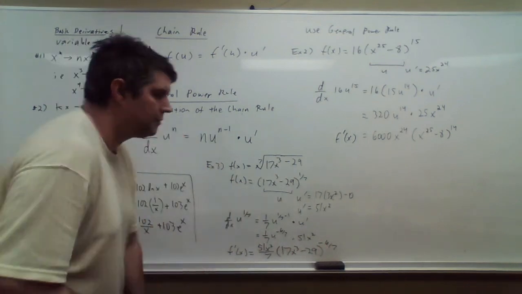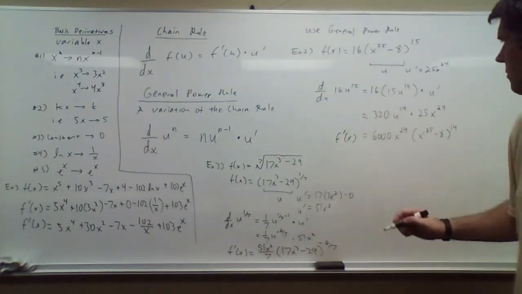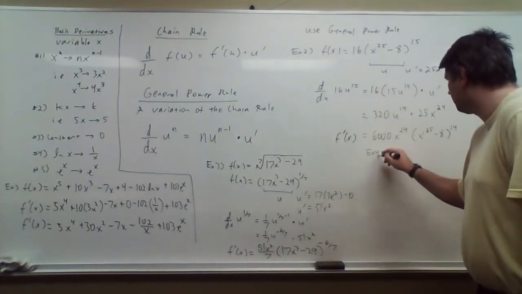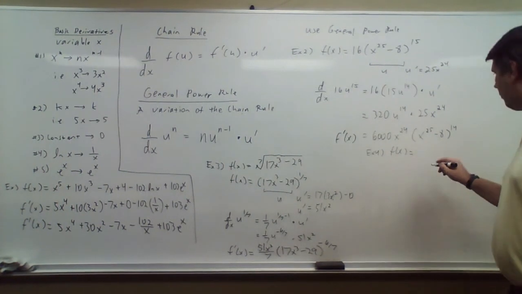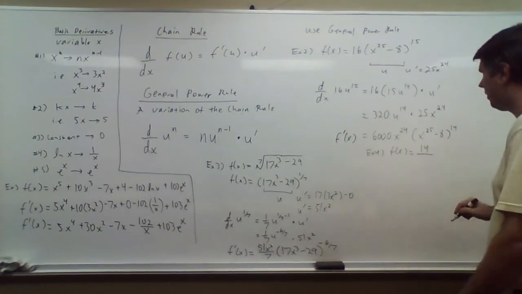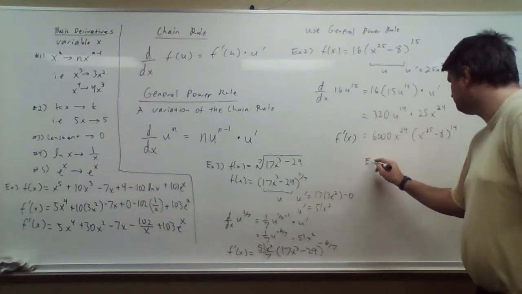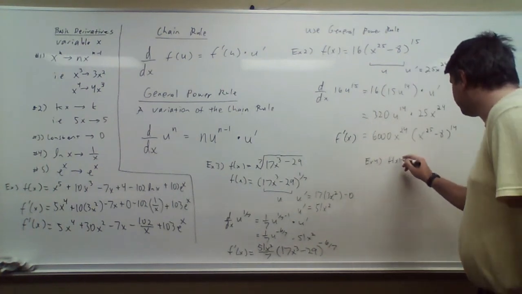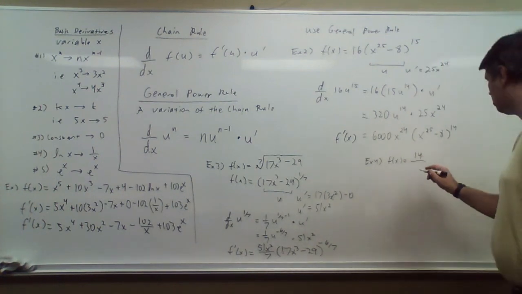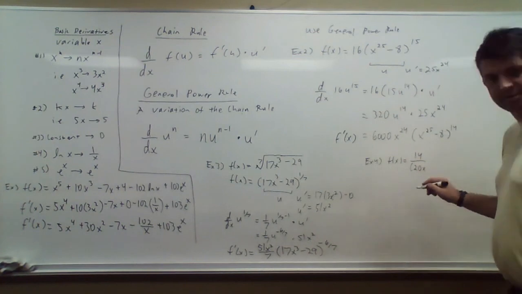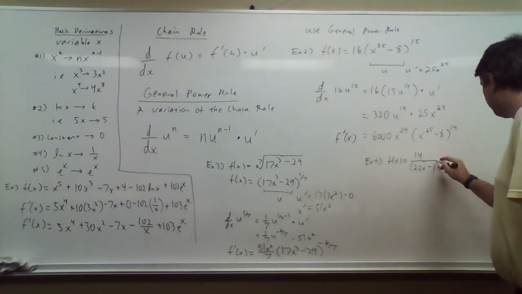Fourth and final example. f of x equals 14 over 20x minus 19 to the 31st power.